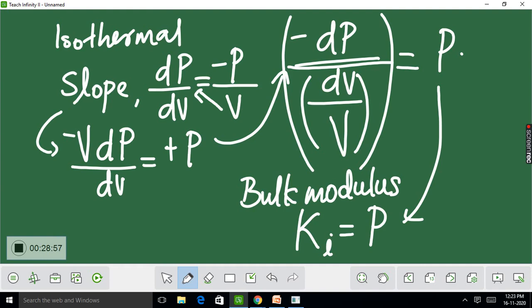The bulk modulus of elasticity in the case of isothermal process is equal to the pressure.